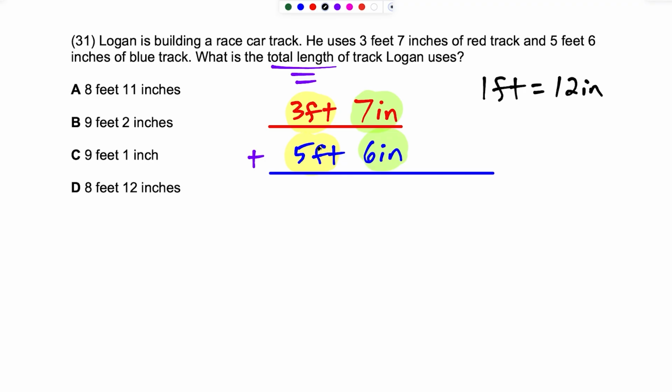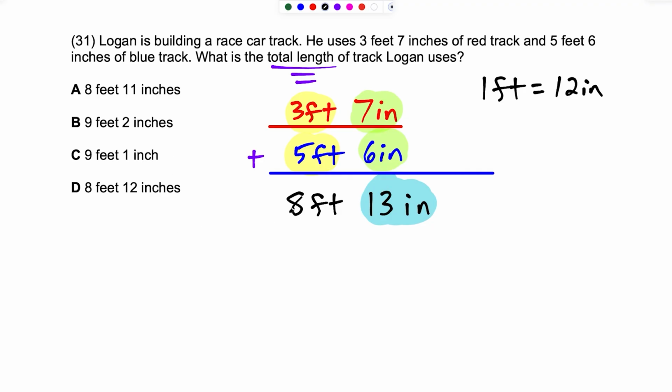So we have 3 feet plus 5 feet is going to give us 8 feet. And then when we do 7 plus 6 is 13, we have 13 inches. But the problem here is that 13 inches is more than 12 inches. So this is more than 1 foot. So we're going to have to deal with this piece over here. We're going to have to take care of 13 inches. Notice there is no answer choice that says 8 feet, 13 inches.